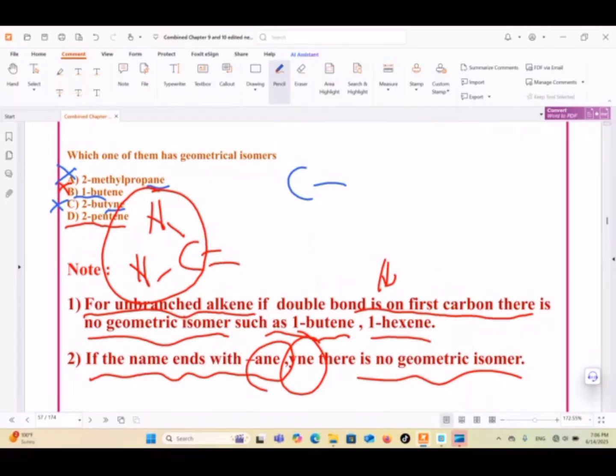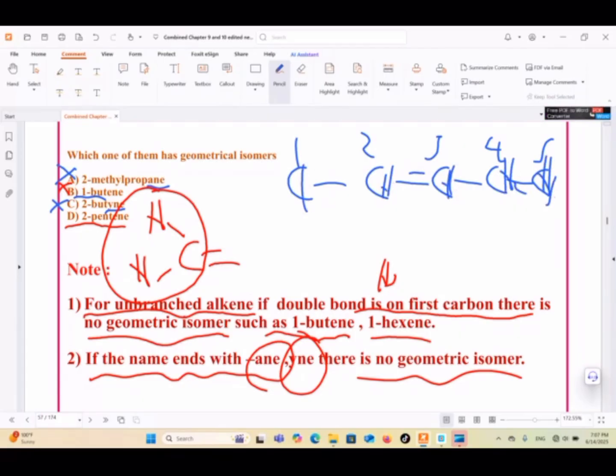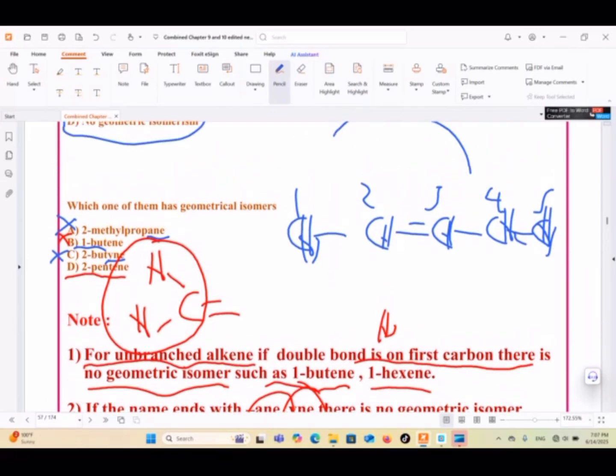Pentene is 5 carbons: 1, 2, 3, 4, 5. On the second carbon we have a double bond, and then here we have CH, CH2, CH3. The ones that we will be considering to test for geometric isomer are the carbons that form the double bond.